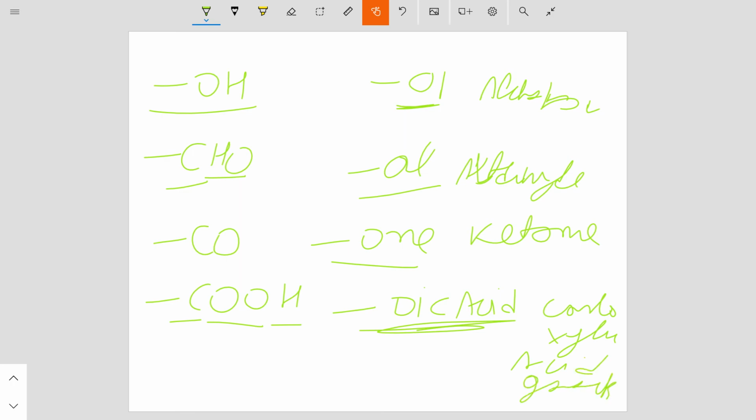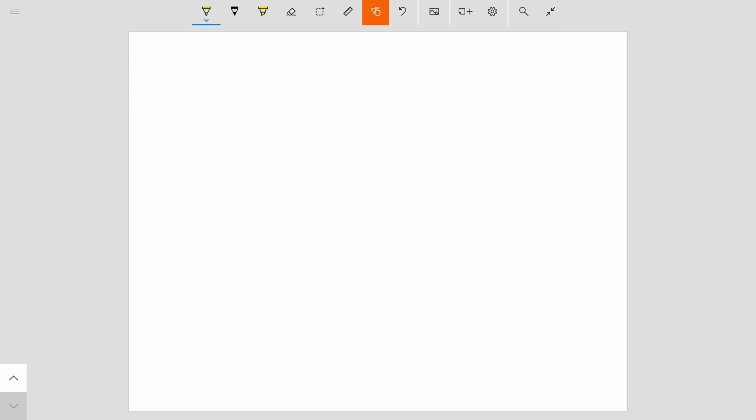Now we have done the functional groups. The next thing is hydrogenation. Hydrogenation is used for the creation of vegetable oils and ghee, or conversion of vegetable oil into vanaspati ghee.